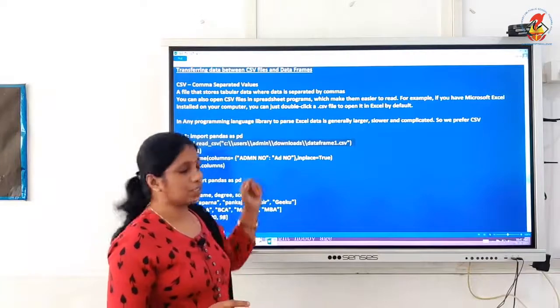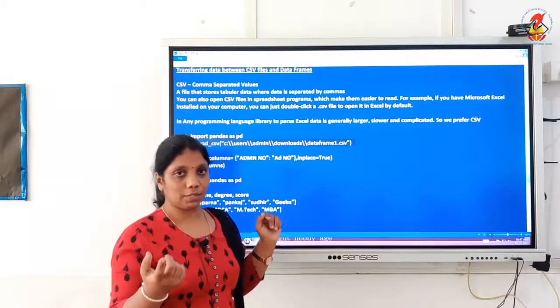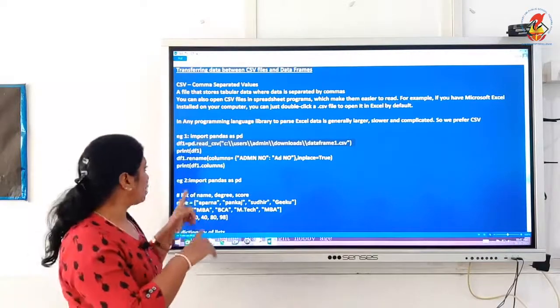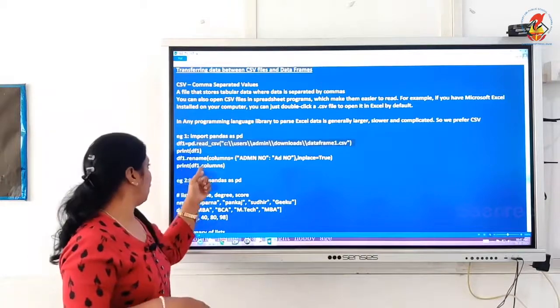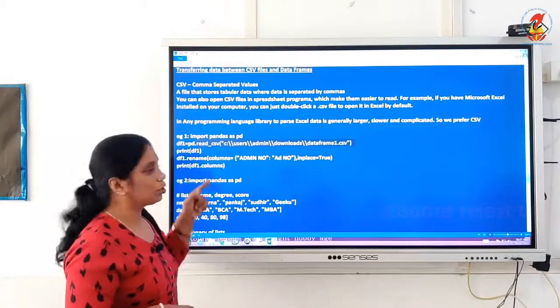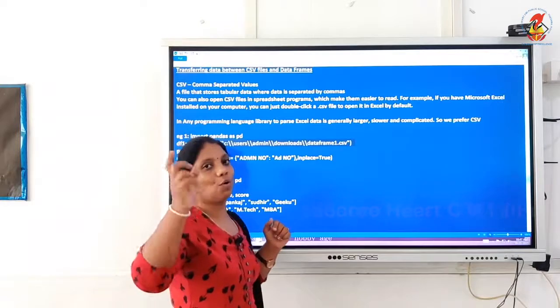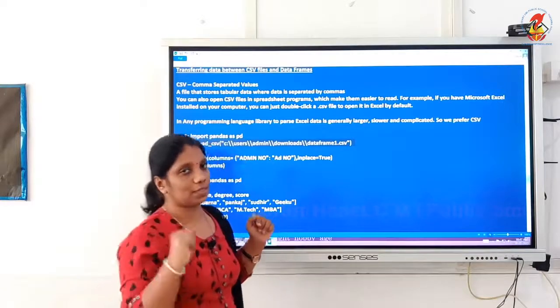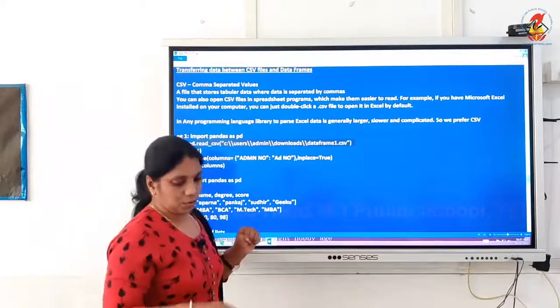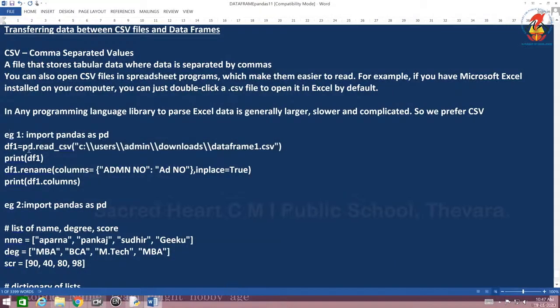So that will be changed. That is, ADMNO, which is in your CSV file, will be changed here. Remember, it's changed here only. And if you simply write print df1.columns, you know your columns and your rows and all these things can be extracted. That will be printed as it is. So I wanted you to try this as your first example. The whole thing has to be tried, so you will see how it is coming.